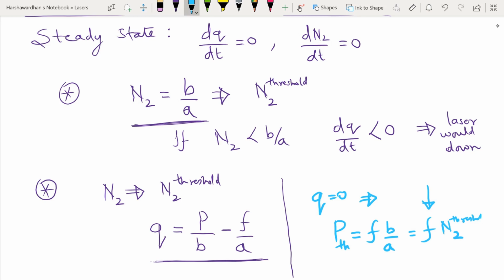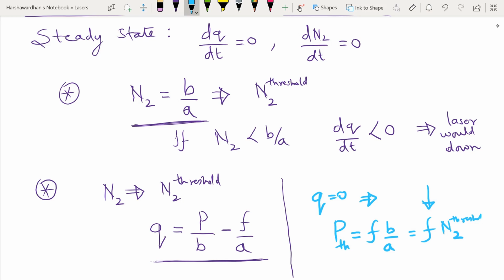So I need to at least offset that much to produce just zero cavity photons. If my P is larger than this, I will be able to generate a non-zero number of lasing photons.